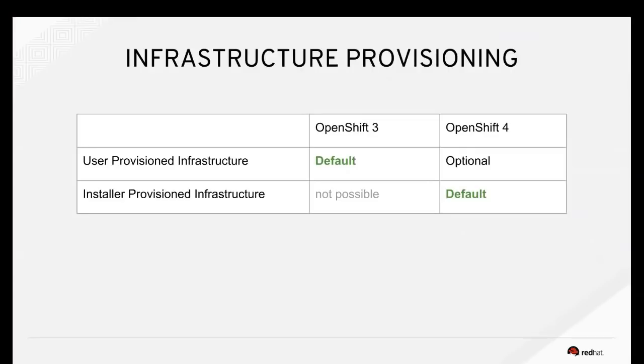With IPI, the installer provisioned infrastructure, with OpenShift 4, we're now giving you a single-click installer. You just give us access to AWS, and we'll create the VPC, security groups, load balancers, elastic IP addresses, all that stuff that's needed to create and run OpenShift for you guys. We'll do it.